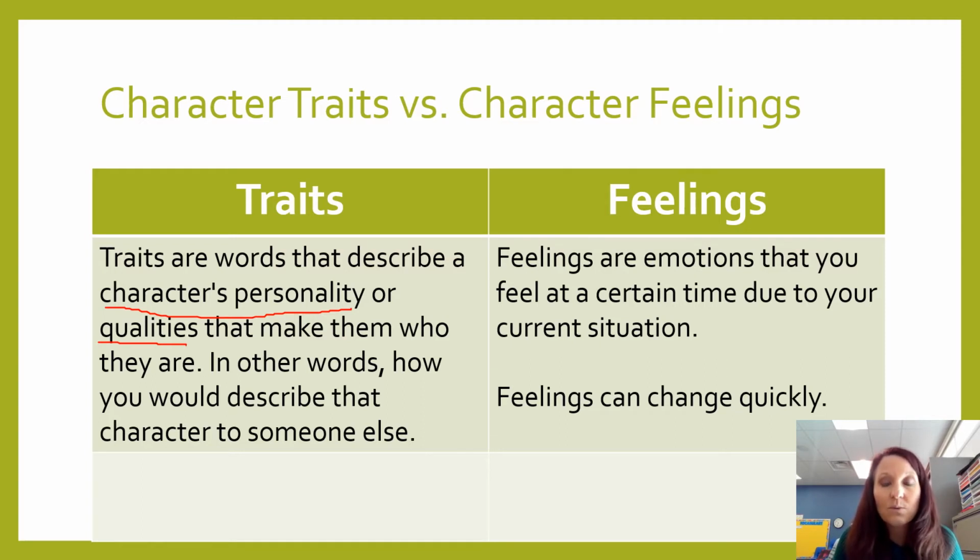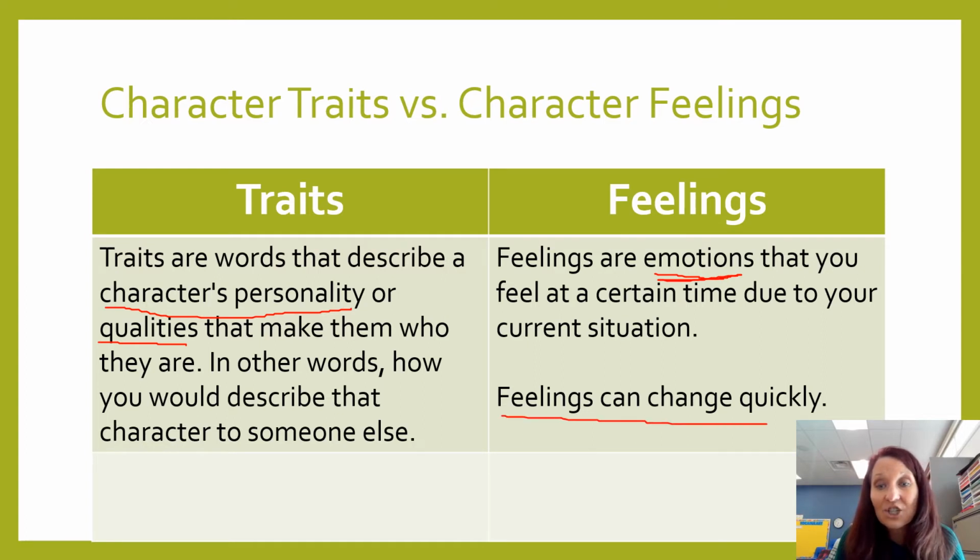So in other words, it would be a word that you would describe that character, how you would describe that character to someone else. So a feeling is an emotion that you would feel at a certain time, like scared, angry, upset, excited, nervous. And those feelings that you have are due to whatever's happening in your life.